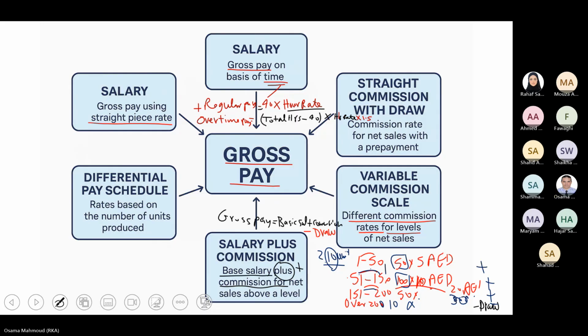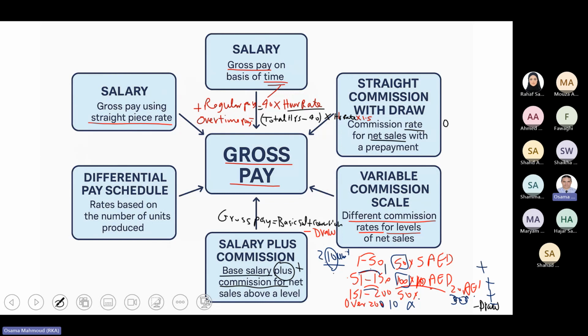Now, you have some people, this is a question here, okay. This is also commission on net sale. Sometimes he will not give you the commission on the total sale, right? It's not a straight rate, it's a changeable one.